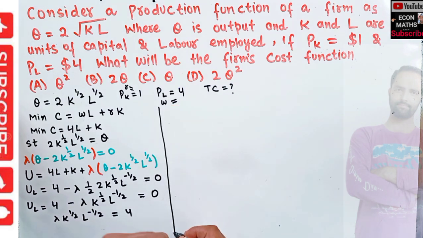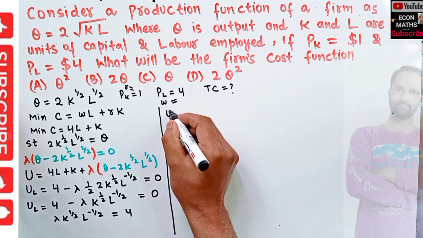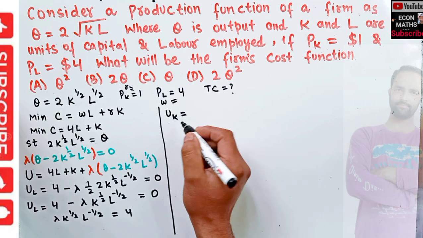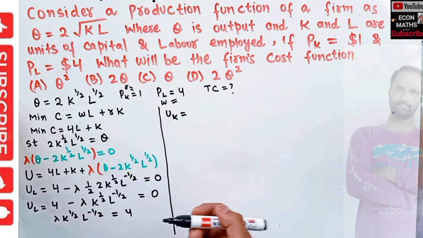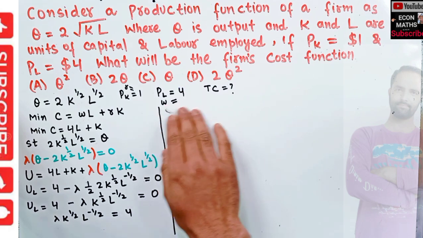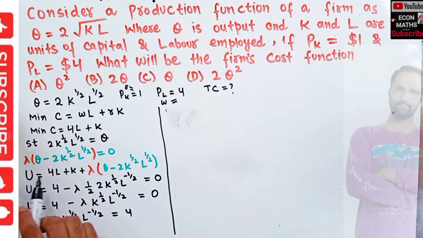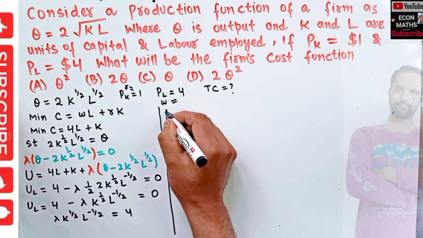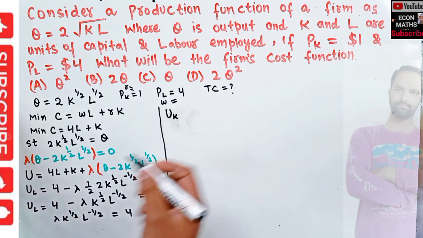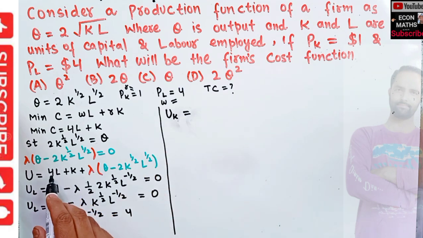After that, again we take the partial derivative with respect to K. Next thing is to partially differentiate the Lagrange's function with respect to K, so u subscript K. Here no K is involved in the first term.